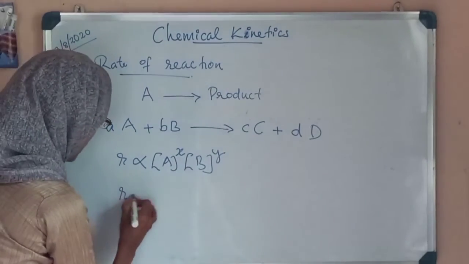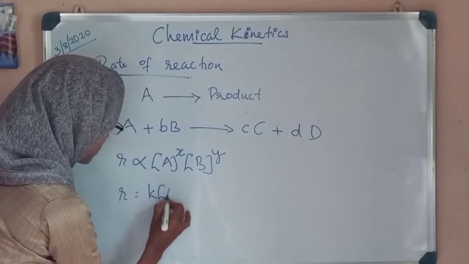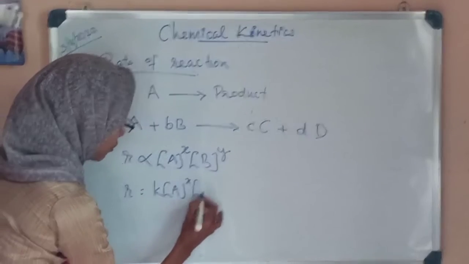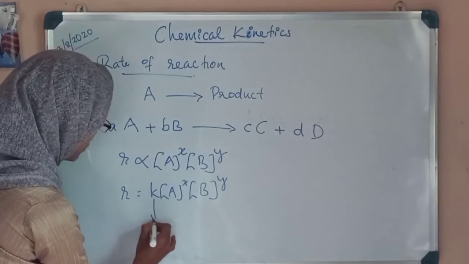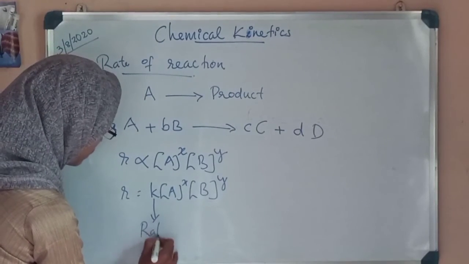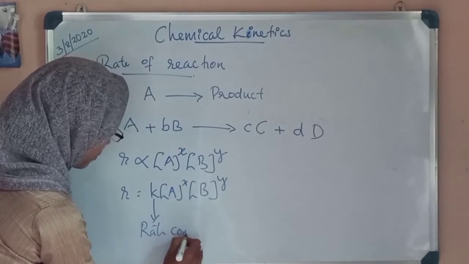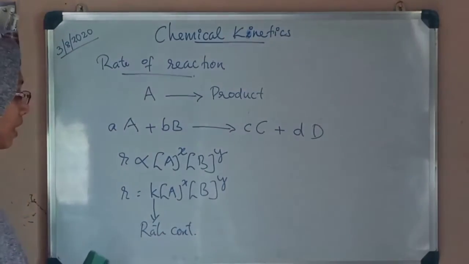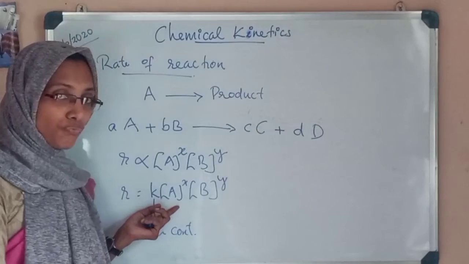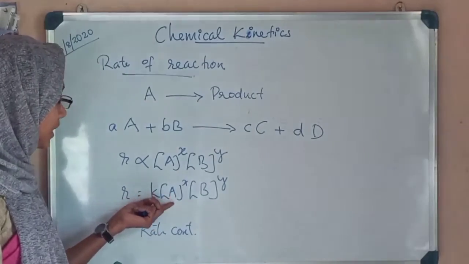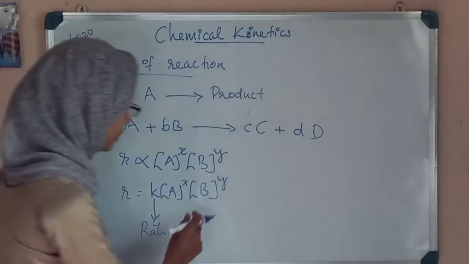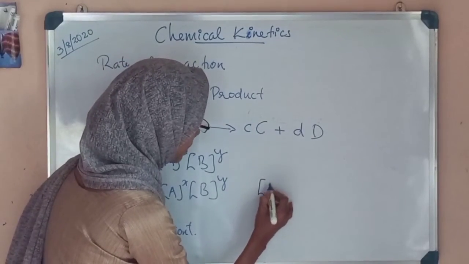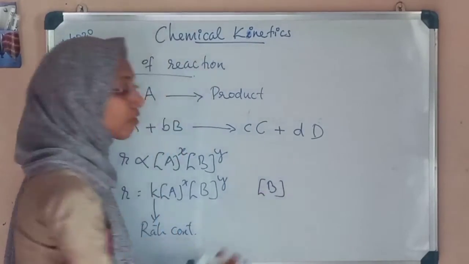That is, R is equal to K into concentration of A raised to x into concentration of B raised to y, where K is known as the rate constant of the reaction. [A] is the molar concentration of the reactant A, and [B] is the molar concentration of the reactant B. These brackets indicate the molar concentration.